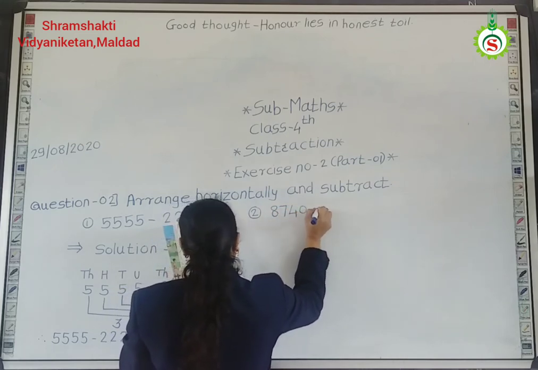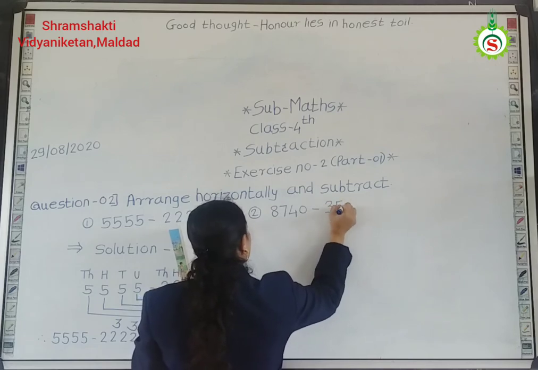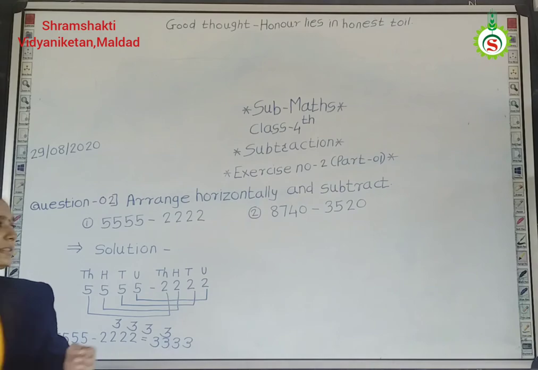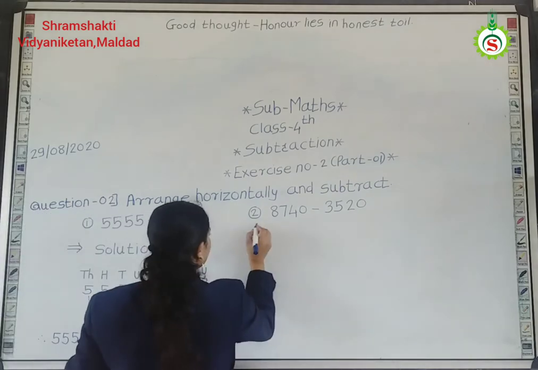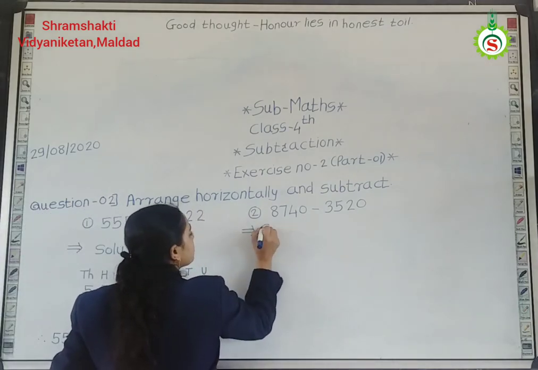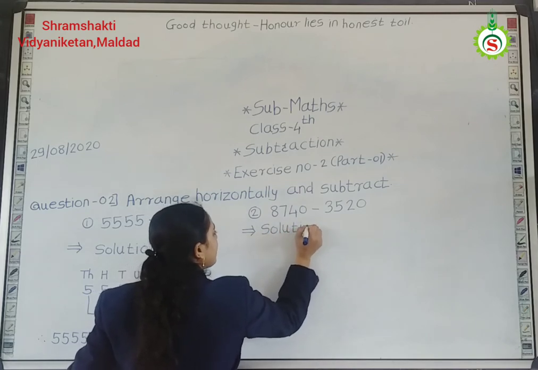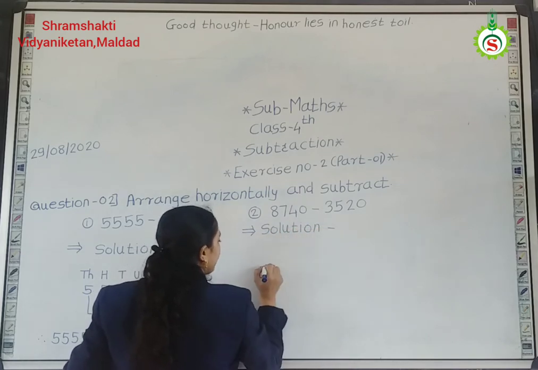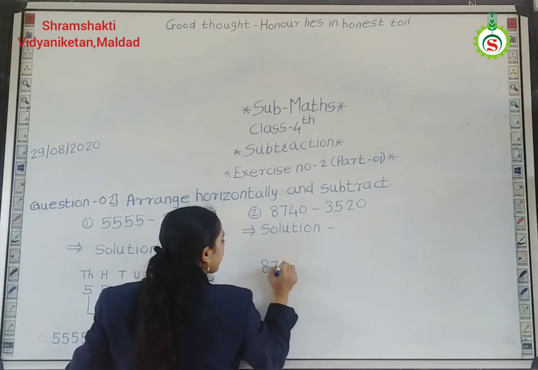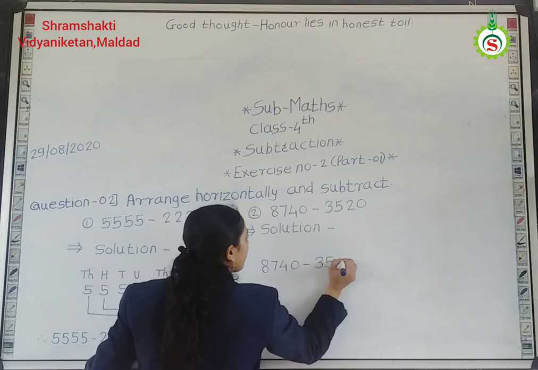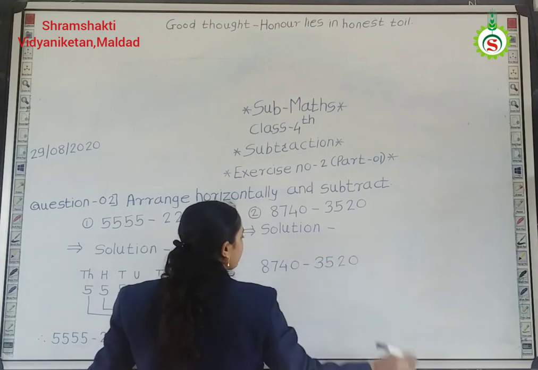8740 minus 3520. We have to solve this example again horizontally. So here, solution. Write down the given example as it is. 8740 minus 3520.